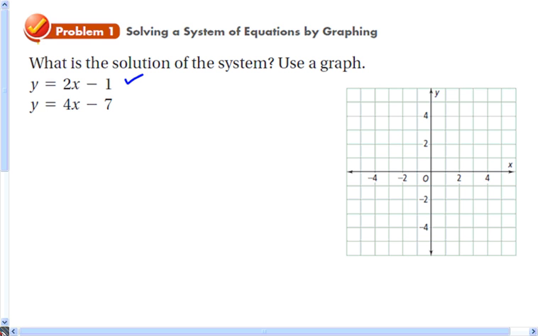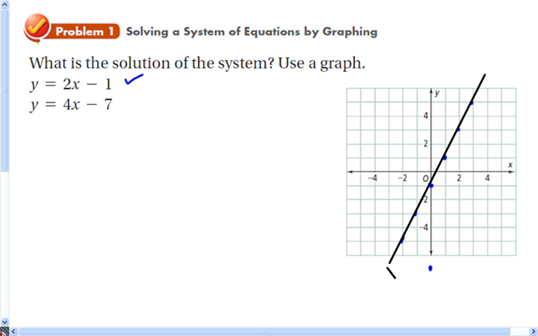If we graph y equals 2x minus 1, our y-intercept is -1, so let's put a point there. And then a slope of 2 means that for every 1 I go to the right, I'm increasing by 2. So that would be points along that line right there. And I can go ahead and draw that in. All right. And then the second equation, the y-intercept is -7, which is 1 more down here.